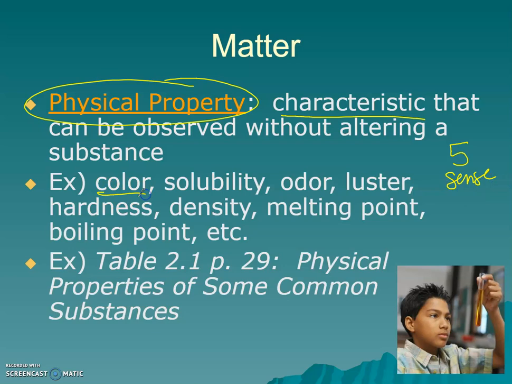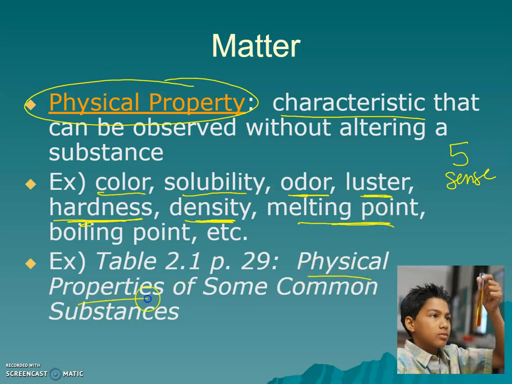Like color, solubility, odor, which is the smell, luster, how much shine it has, that's going to tell us if it's a metal or not. Their hardness, how strong it is, and what its density is. We're going to do so much with density this year. Melting point, boiling point, solidification point, vaporization, all those.